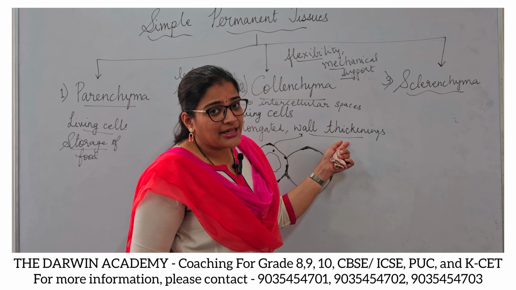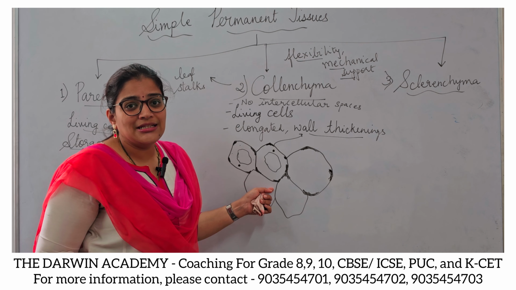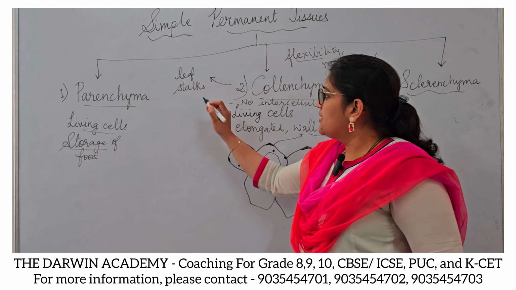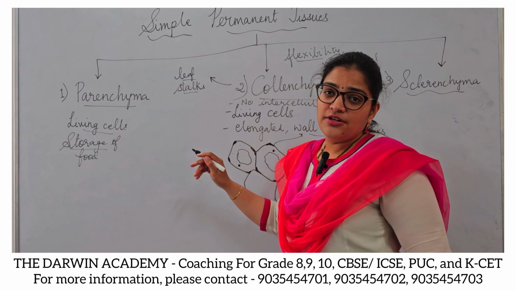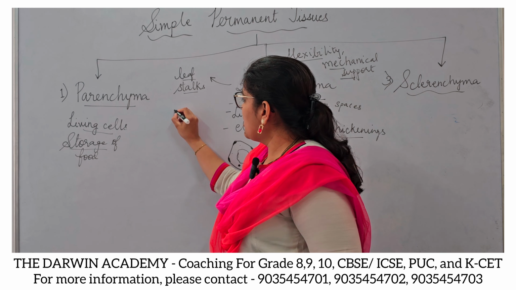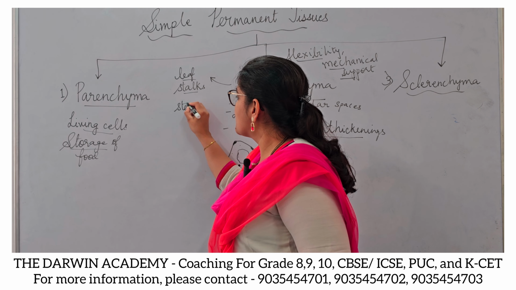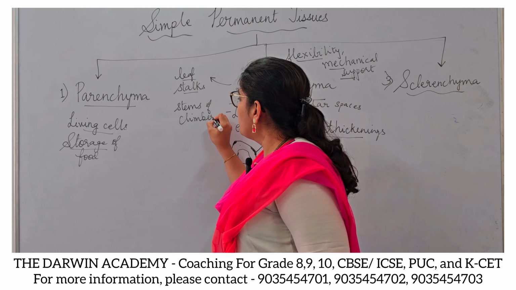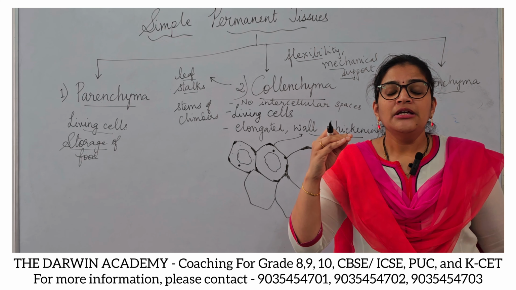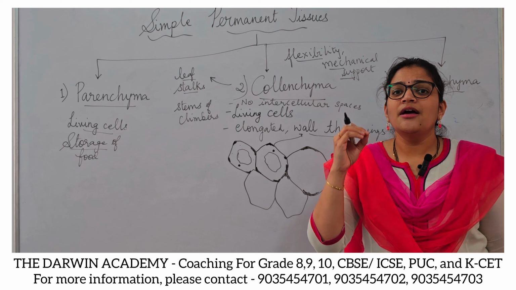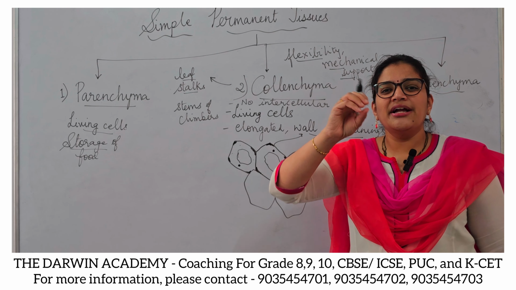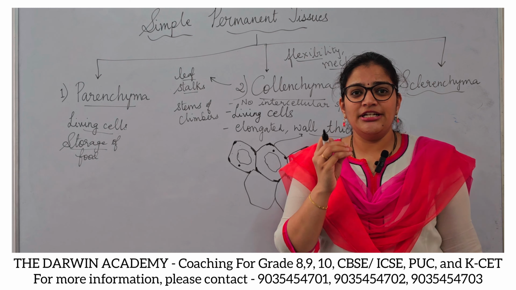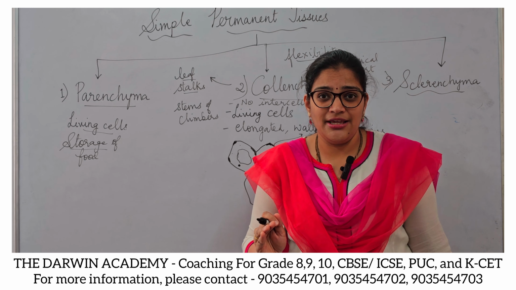whose walls are thickened only at the angles. So this provides the parts such as leaf stalks or stems of climbers. You might have seen climbers like money plant. The money plant is flexible. You can twist and turn it, but yet it has little bit of rigidity, not very rigid like a tree, isn't it?